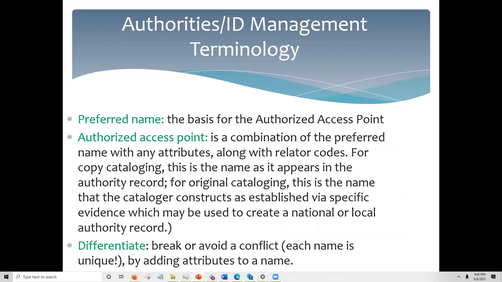Some other terms that you will hear me say on occasion, and you will see on occasion: preferred name. This is the basis for the authorized access point, but this is really what the person wants to be known or called by. So in the publishing days, when you work with the publisher, the publisher actually asks you, what do you want?